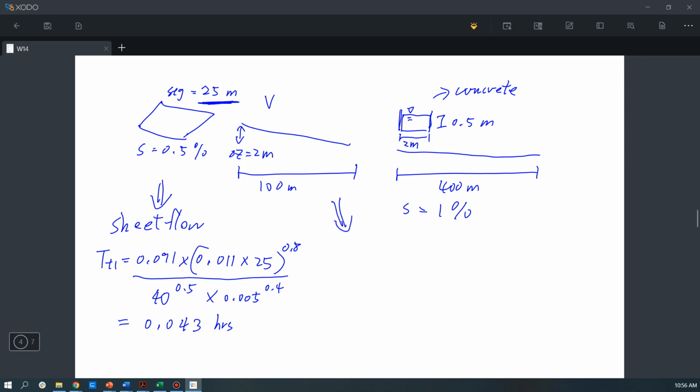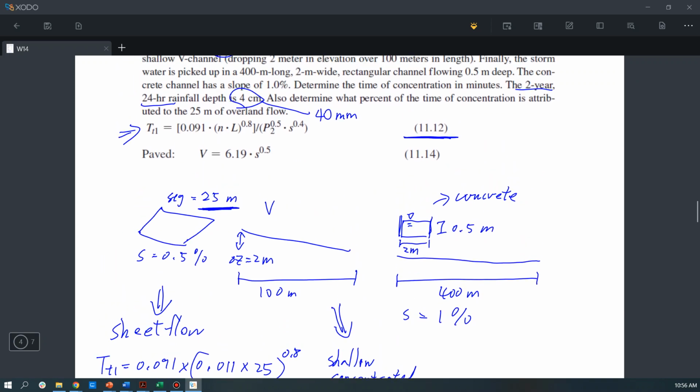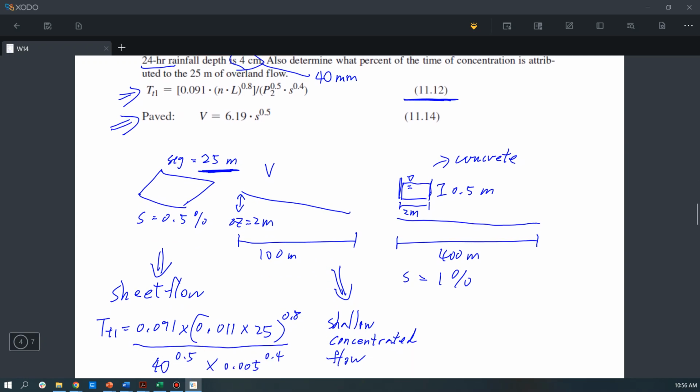And for the second part, this is the V-shaped channel, and this is shallow concentrated flow. So we will use this equation to calculate the velocity.